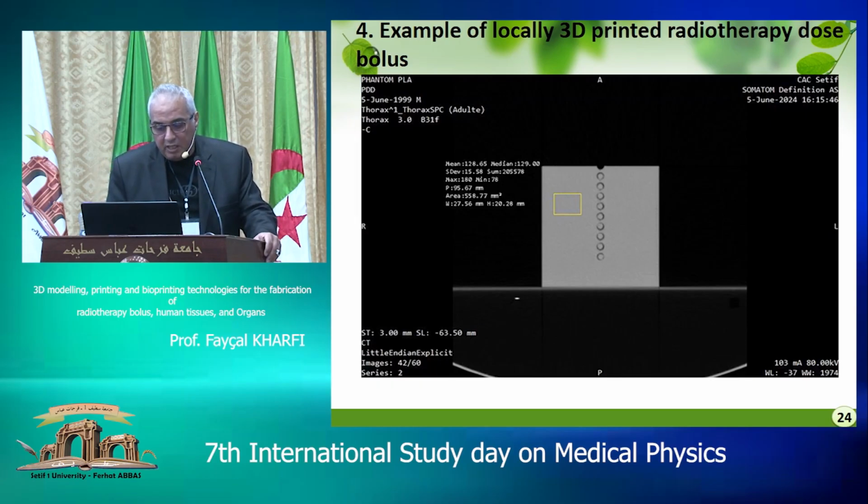We also check the Hounsfield value of the material used, because it is also a value that the treatment planning system needs in order to calculate the dose. Here, the Hounsfield units of the material used is about 128 HU.